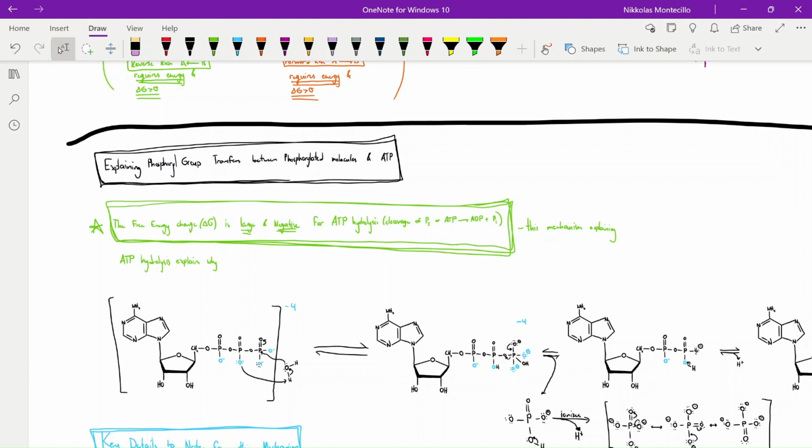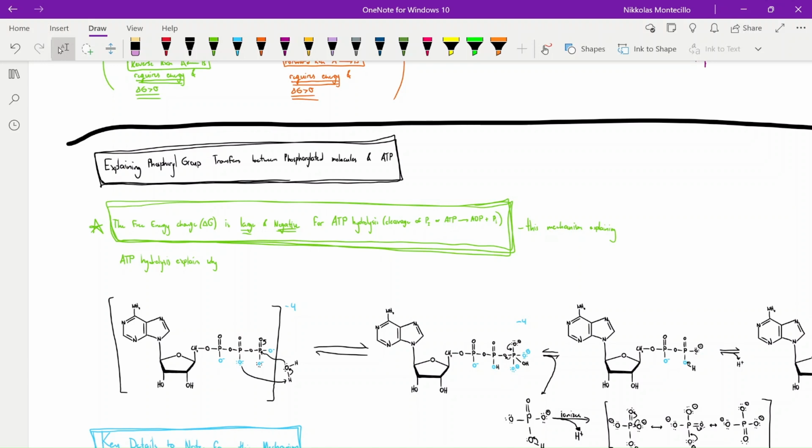The key idea here is to understand that the free energy change, or Gibbs free energy, is large and negative, meaning that there is a large amount of potential energy associated with phosphate group transfers, or with ATP hydrolysis, which refers to the cleavage of a phosphate group attached to ATP that forms ADP plus the inorganic phosphate group.